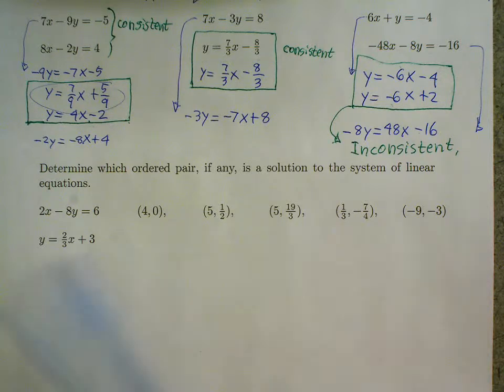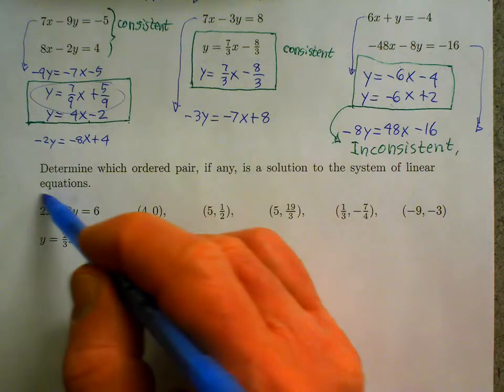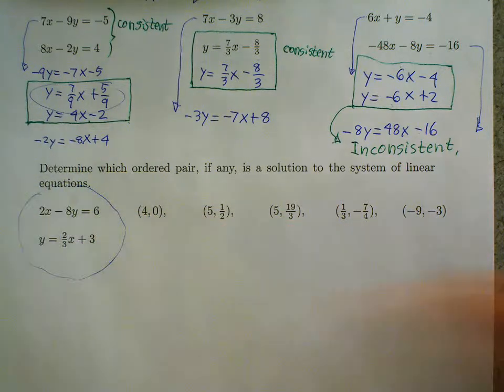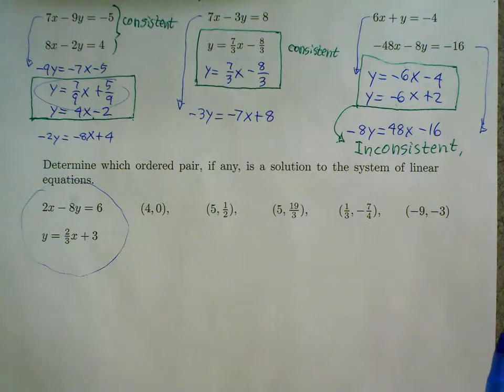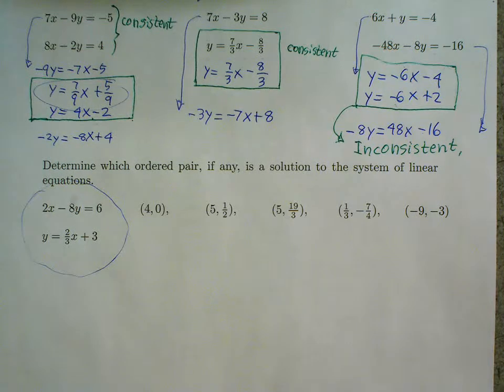So how many solutions does this system have? Since we have three cases, we're looking for answers: one solution, infinitely many solutions, or no solution.